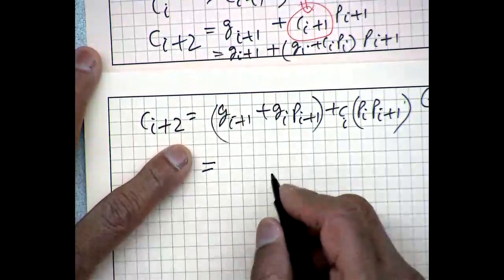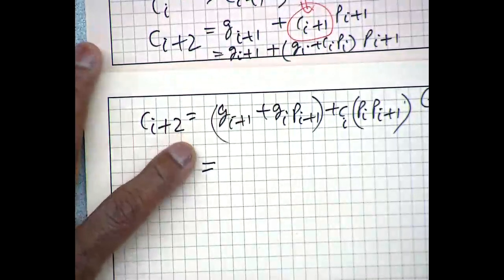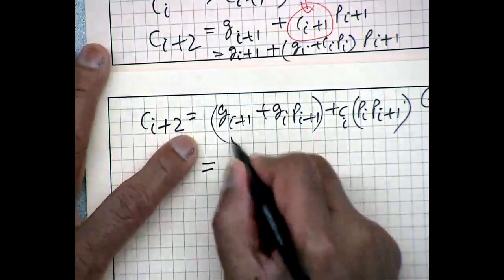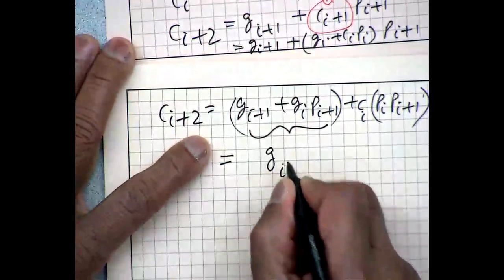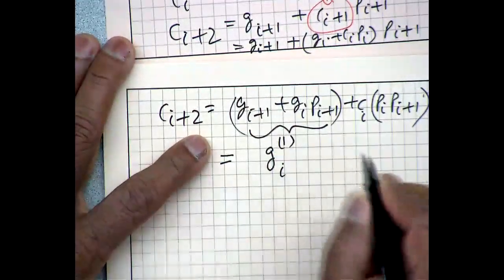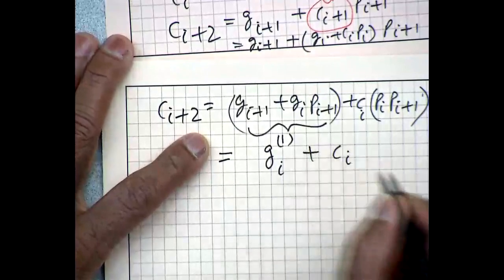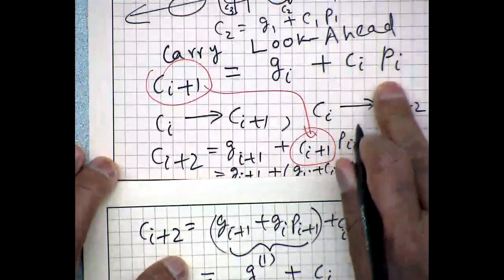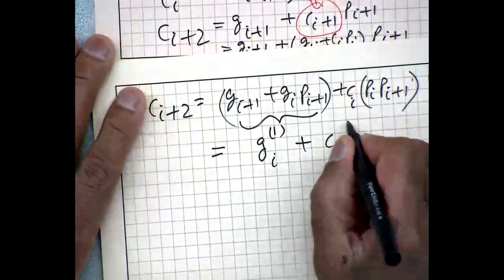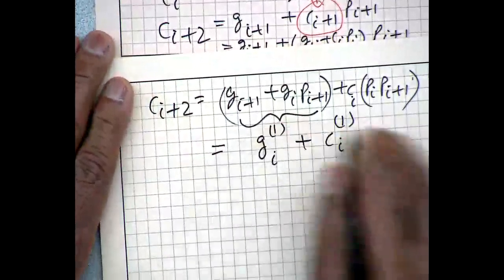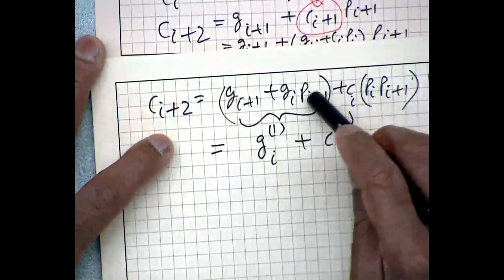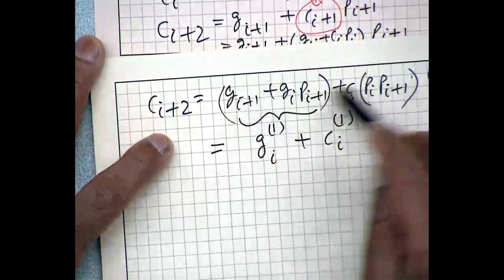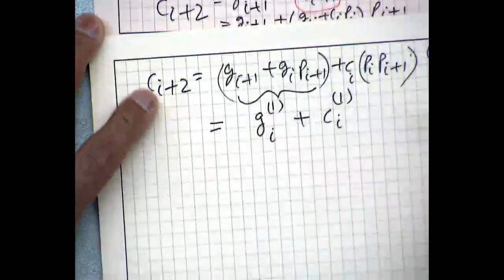Let me call this whole thing Gi with a superscript 1, for example, plus Ci times Pi with a superscript 1. And why am I calling this 1? I'm simply calling this 1 because the highest index is I plus 1.